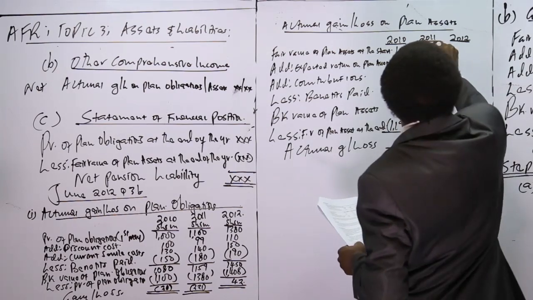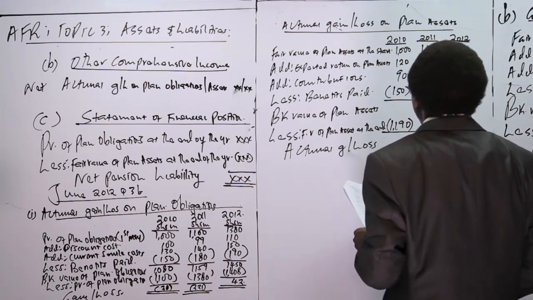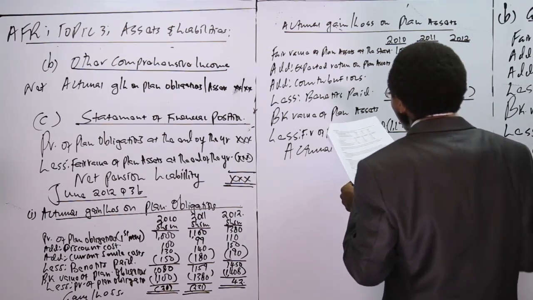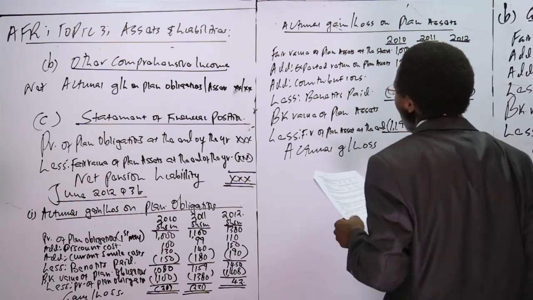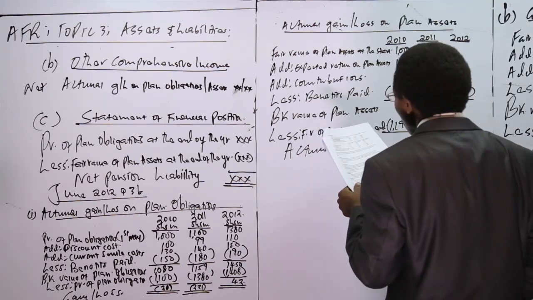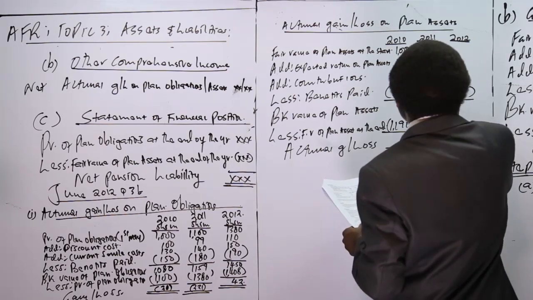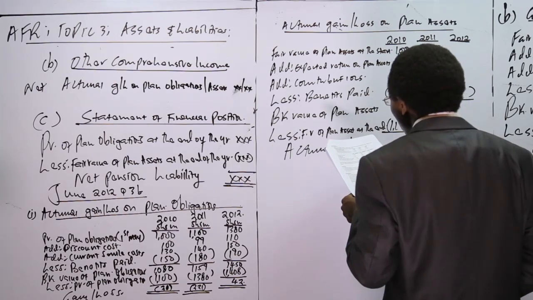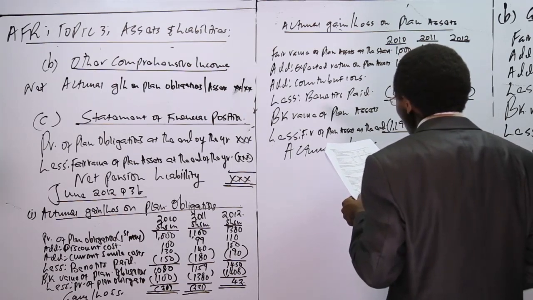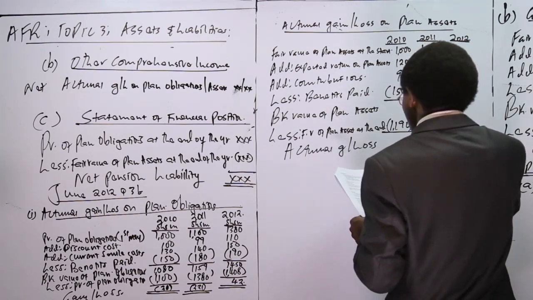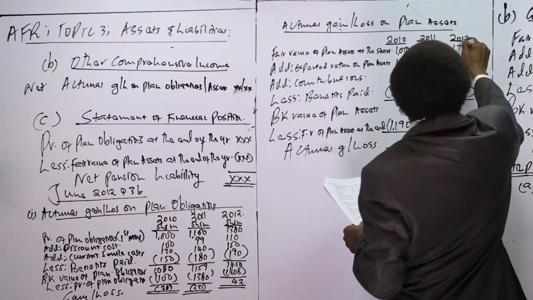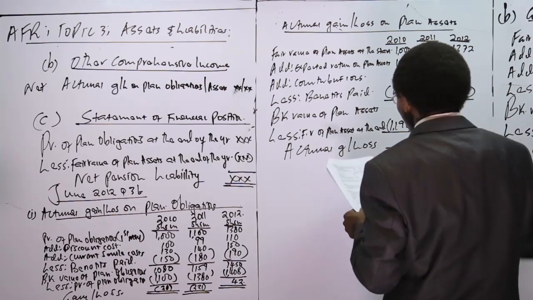Then this 1190 will start here. And we'll also have the contributions which have been paid, 100. We have the benefits which have been paid, 180. Then we also have the fair value of the plan assets at the end, 1372. Then this 1372 is what we are going to bring in here.